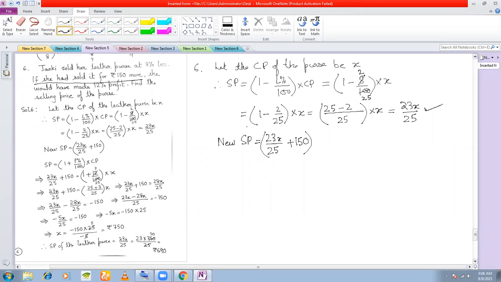This is the new selling price. Also, if she had sold the purse at this price, she would have made 12% profit. So also, what is the new selling price?